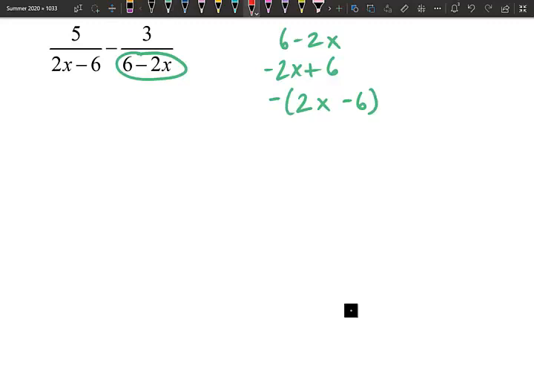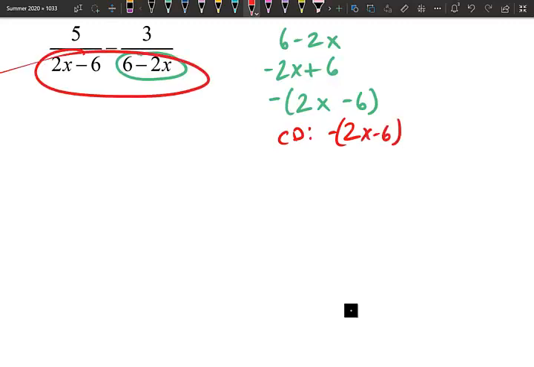So that's going to be our common denominator always when you're working with something like this. So you see how they're identical, except the numbers are flipped. Your common denominator will always be negative and then the one with x first. So your common denominator is negative 2x minus 6.